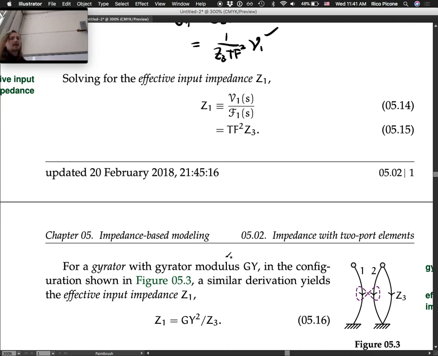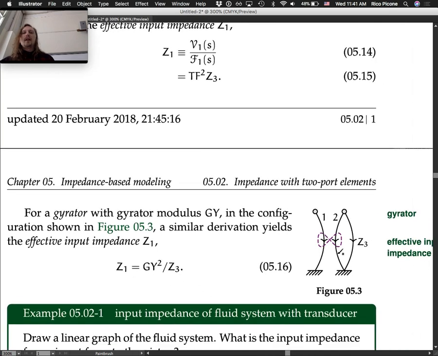For the gyrator, with gyrator modulus GY in the configuration shown in 5.3, same thing but a gyrator, the elemental equations state that V1 is related to F2 and F1 is related to V2 via the gyrator modulus GY.